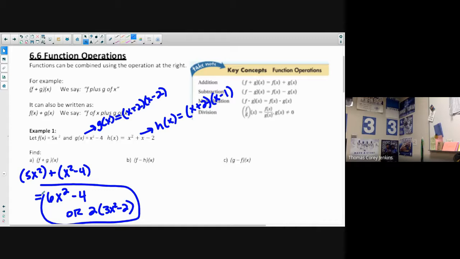All right, let's look at a subtraction one. Subtraction is always a little bit more difficult than addition. I'm going to skip B just so I have more room here on C. So we're going to take g of x, which is x squared minus 4, minus h of x, which is x squared plus x minus 2.